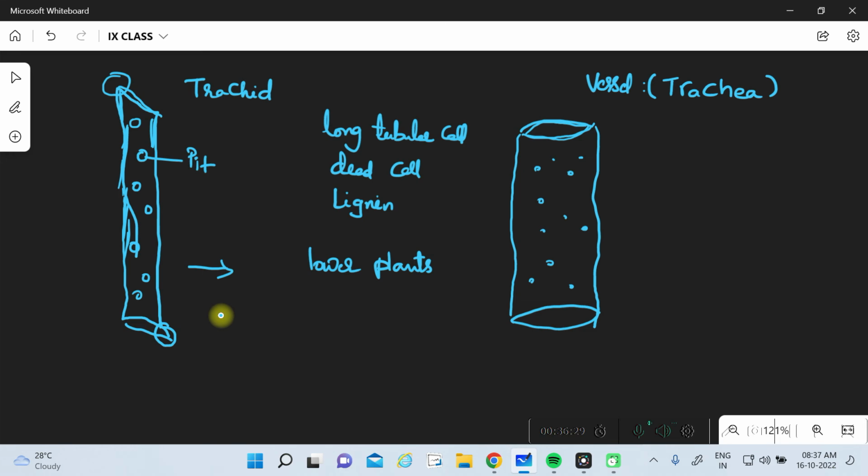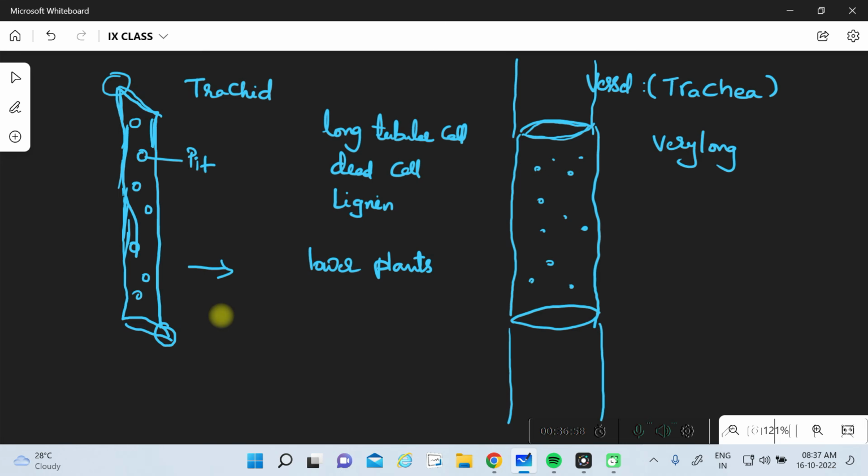Now they are very long, formed by the end-to-end union. Here you will see one vessel present at the bottom, and at the top one more vessel is formed. Like this it forms the entire complete structure of the vessel.